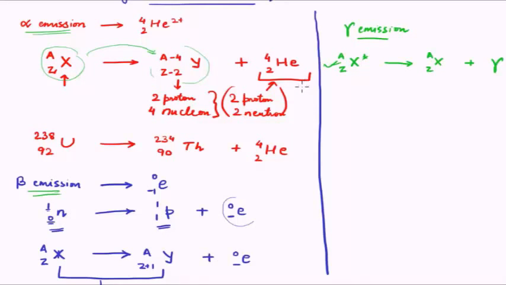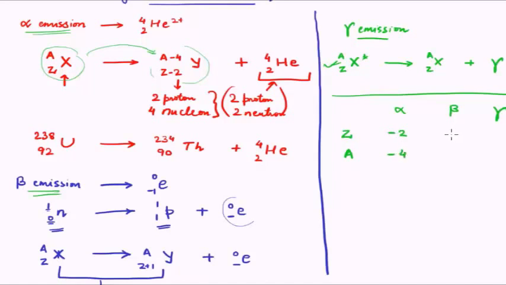Okay, so to sum up, alpha emission, let me write it down: alpha, beta, gamma, Z and A. Alpha emission leads to a decrease of Z by 2 and of atomic mass by 4.